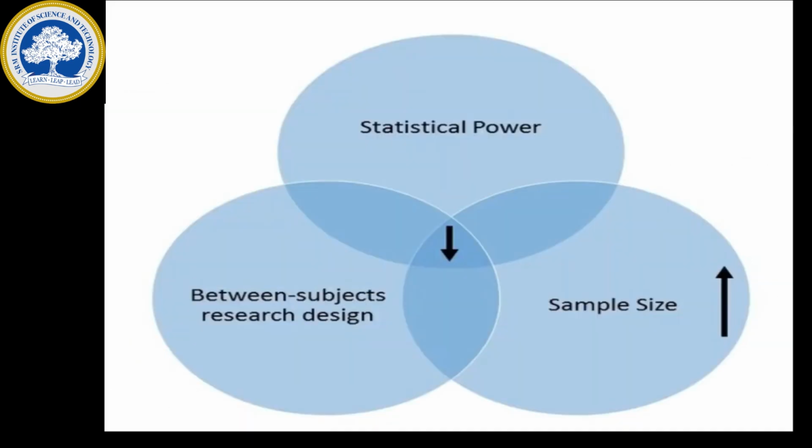Next is your sample size. Sample size is also very important because this will be a representative of your whole population. For example, when your target population is 50,000, you have to draw an adequate sample size according to your target population.